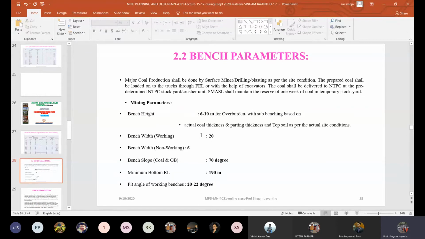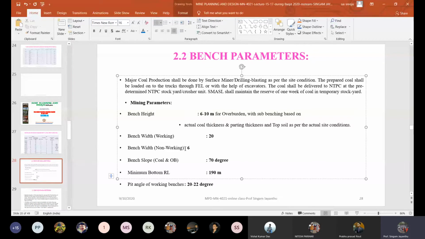Then bench width, in the non-working benches and then the working benches. I know you know these things very well, but still, as a planner, you should understand this. When it comes to a non-working bench, it means you have reached your high wall side, and your mining will not go beyond.